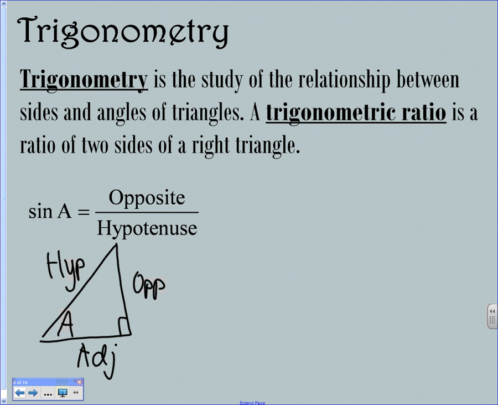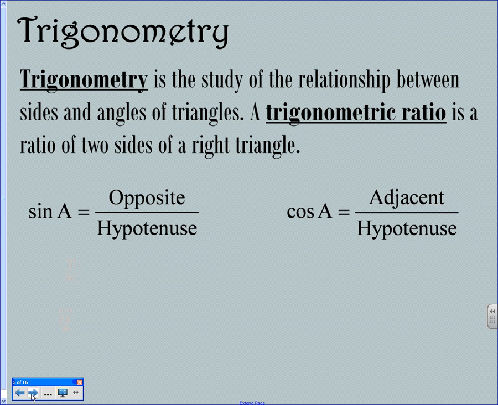What is the cosine? Do y'all remember? Adjacent over hypotenuse. And we've got one more. We have the tangent. Do you remember what the tangent is?